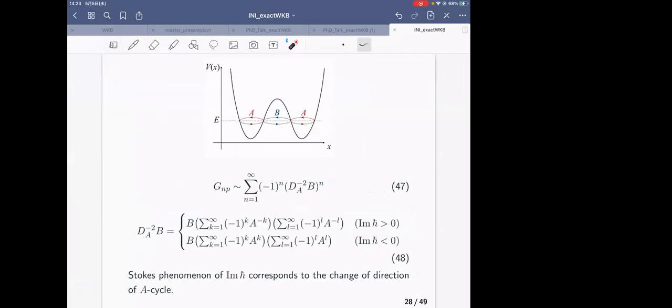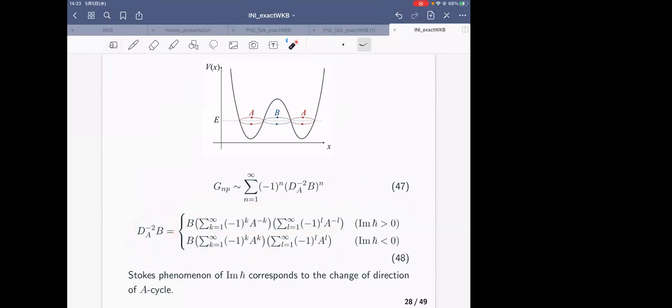First, this quantity is a unit of one non-perturbative cycle, and it is expressed like this. The physical meaning of this form is that for one B cycle, an infinite number of A cycles are attached. And this quantity is our fundamental unit of the non-perturbative part.